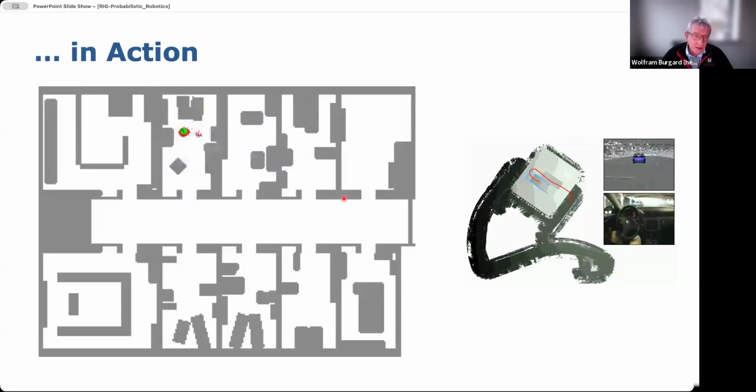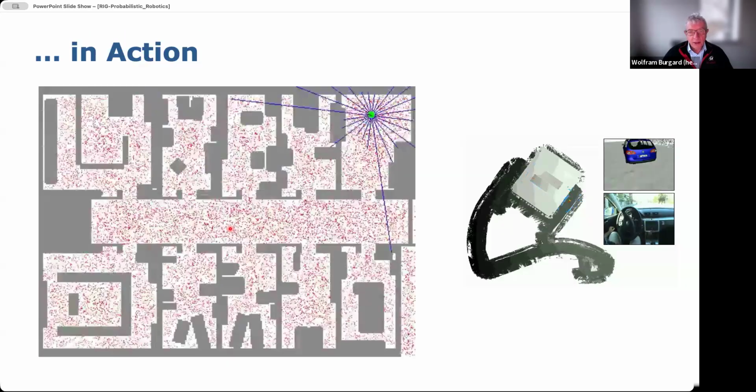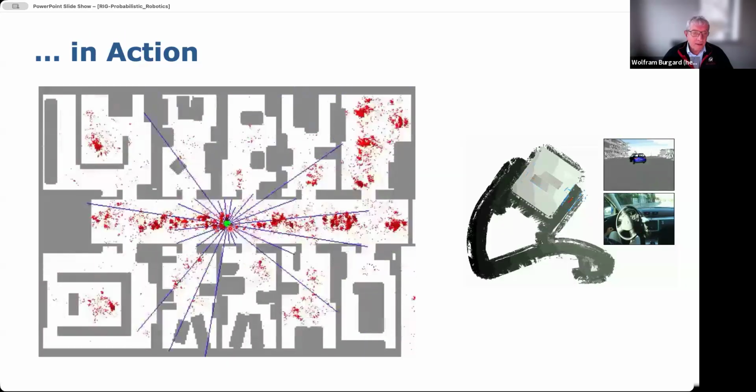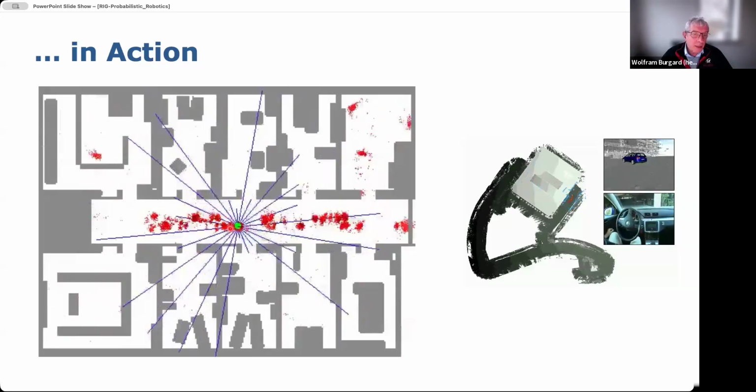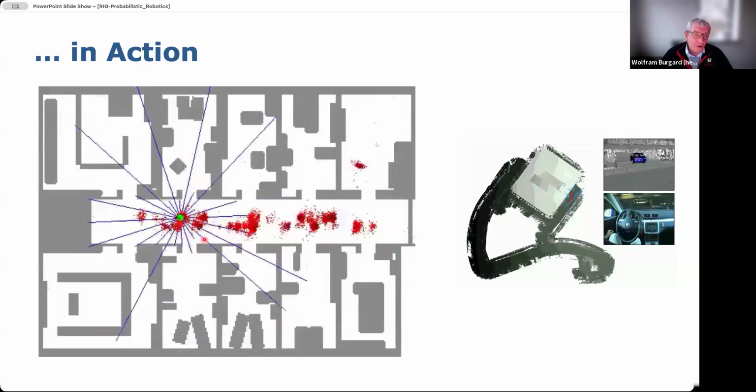This environment is particularly difficult for localization because this corridor is rotationally symmetric, and the doorways mostly look the same to the robot, given these uncertain ultrasound sensors. Let me go there again. In the very beginning, these hypotheses focus more or less in the corridor.